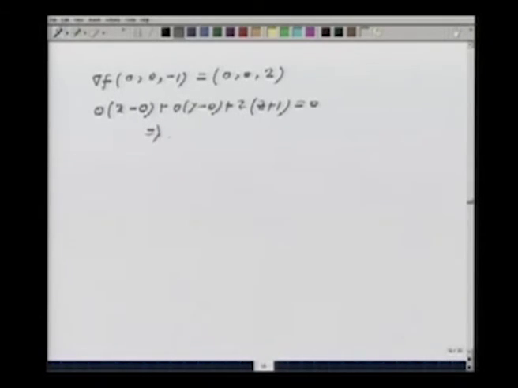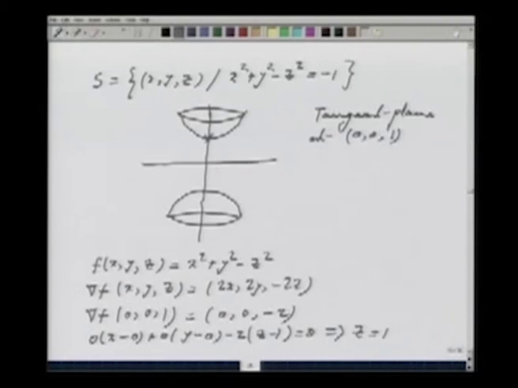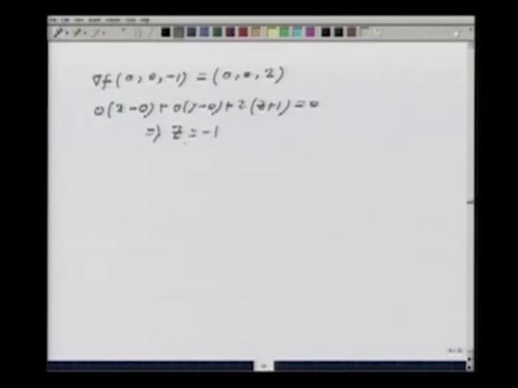This implies the tangent plane is z equal to minus 1. Look back at the picture. The tangent plane at this point looks like it should be parallel to the xy plane at the height z equal to minus 1. This is precisely what is coming through the calculation also.